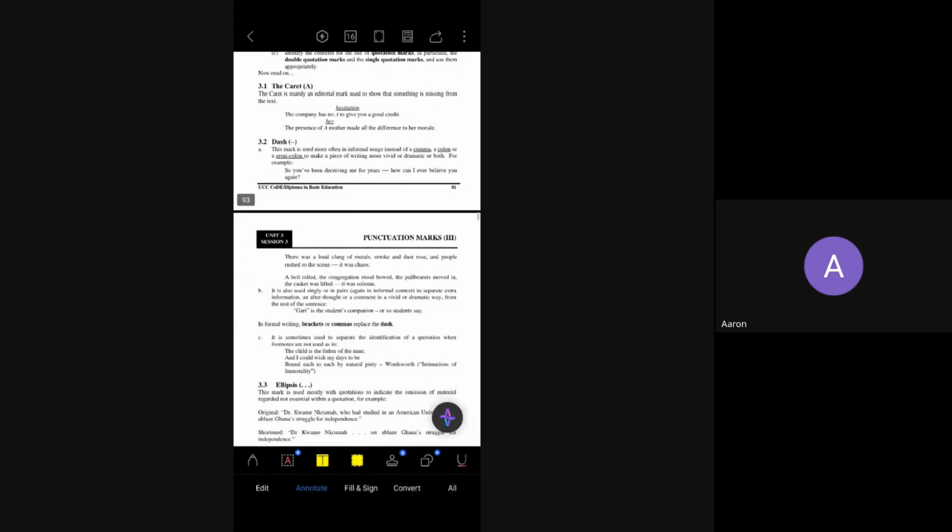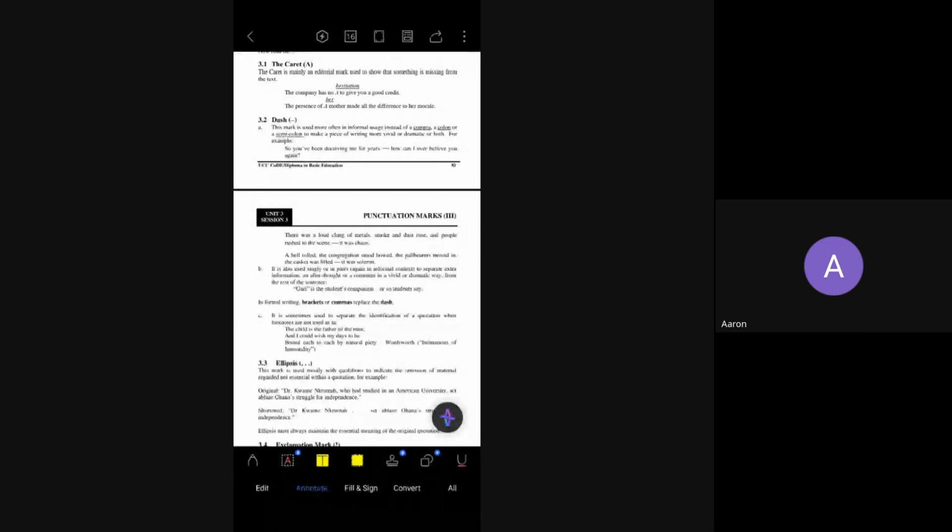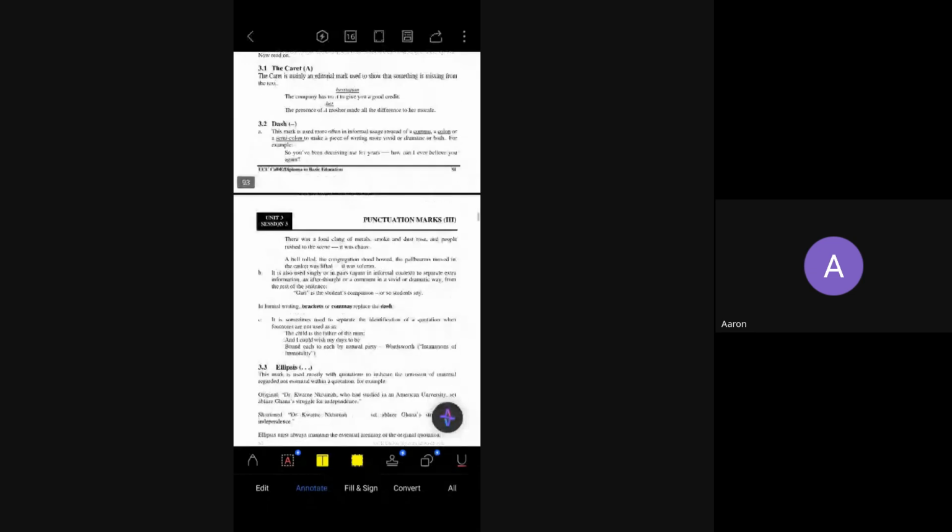Okay. So let's continue on to the second sign or mark, which is the dash. Dash is different from hyphen.